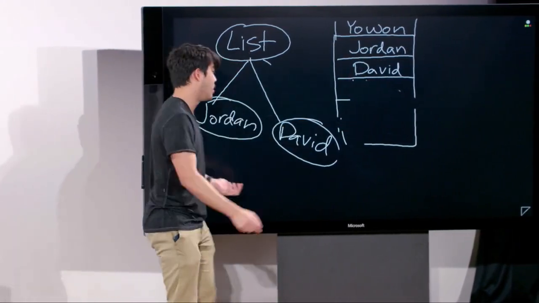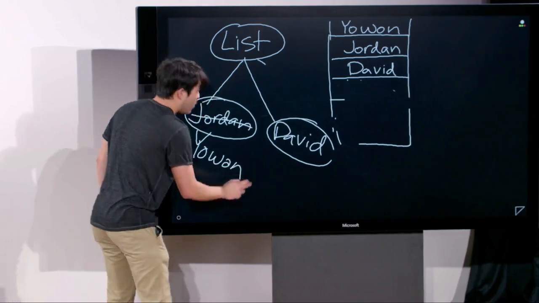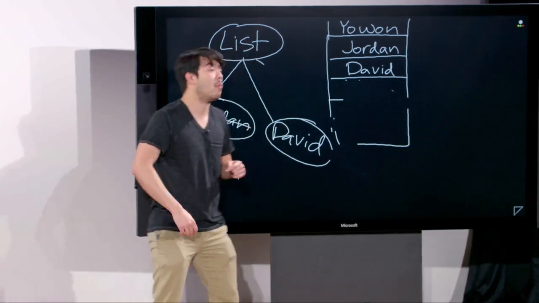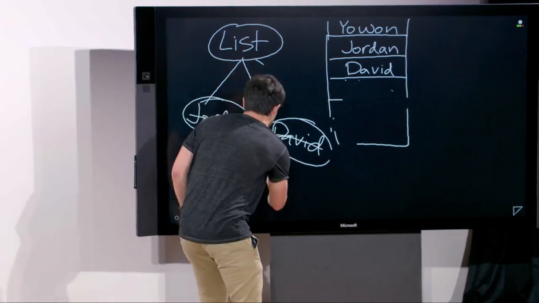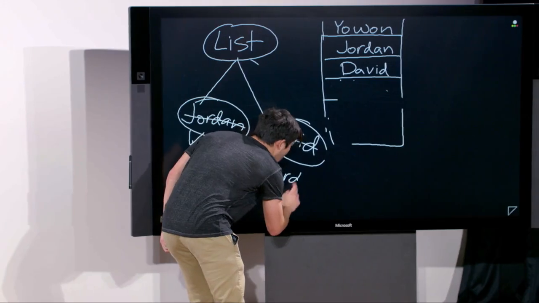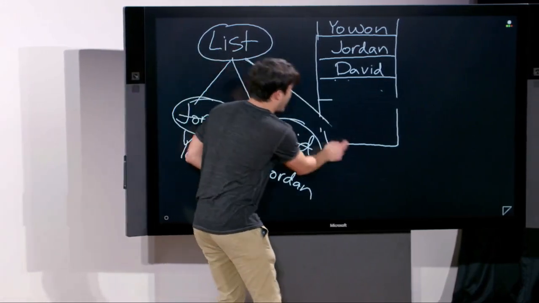That's not good. We should update this to be Yoan. What's in position 2? Oh, position 2 is now Jordan. It used to be David. We better update that. And now we see in the third position, oh, that's new. We better add David.